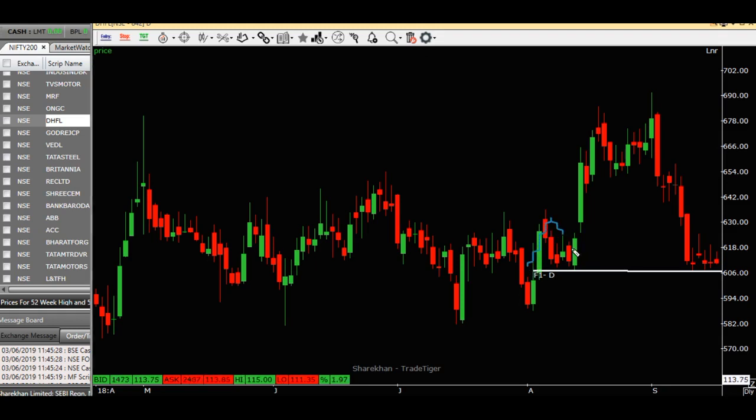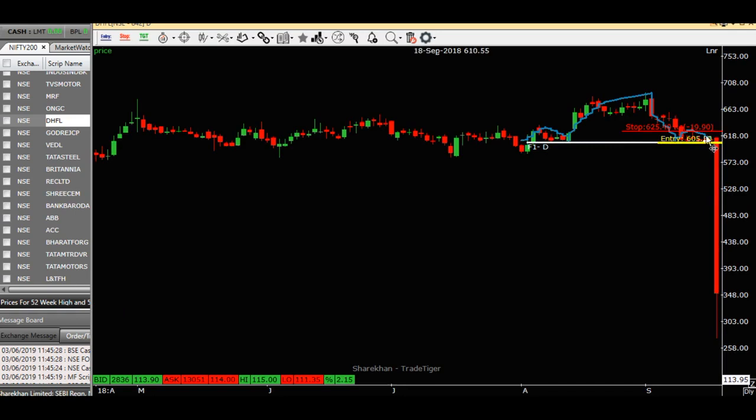This is the left shoulder, this is the head, and this is the right shoulder. So our entry is right below this neckline, stop loss right above the right shoulder high, and if you want to see what happened the next day, boom, right? From 600 it went all the way to 260 approx in one day. So both of our targets would have been achieved the same day.